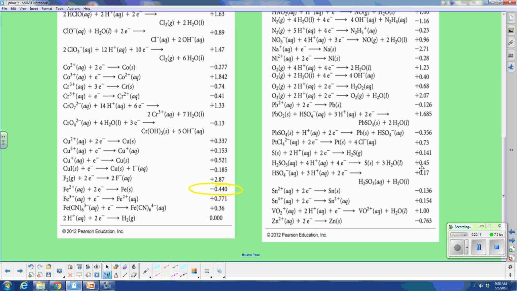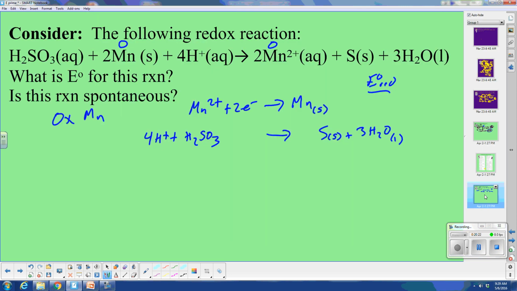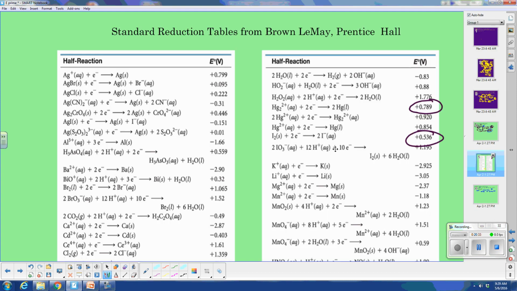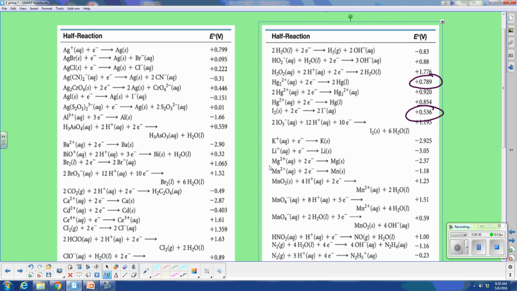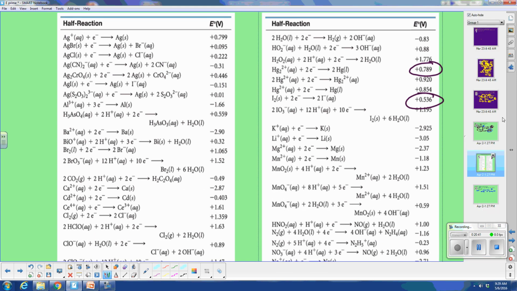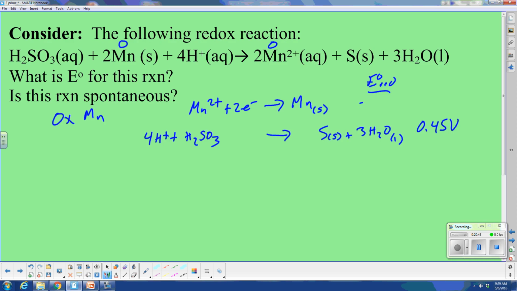So we found it, 0.45. Let's come back up. Let's drop this in here. And this is a positive 0.45 volts. And what is my manganese? Let's go back, find manganese. Right there's manganese. A negative 1.18 volts. Good.